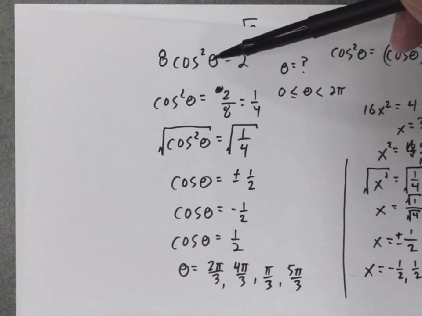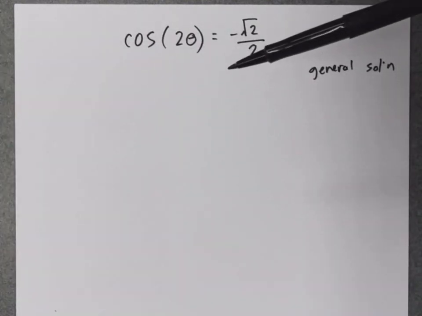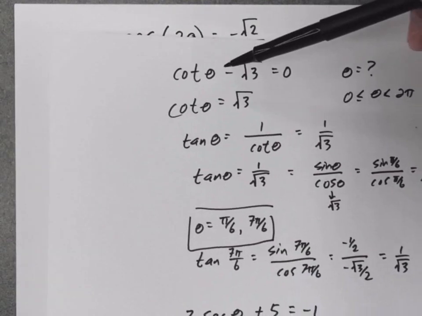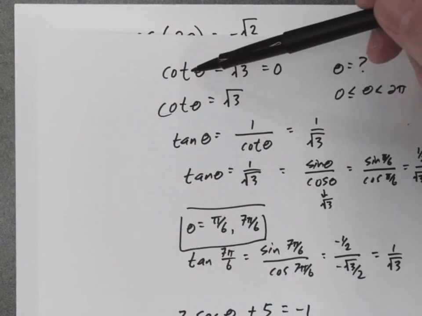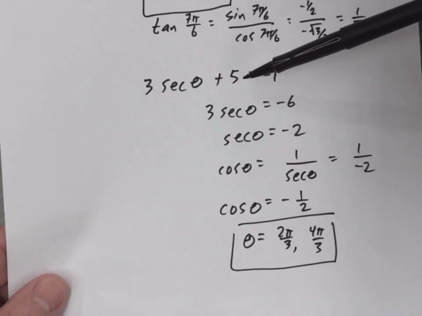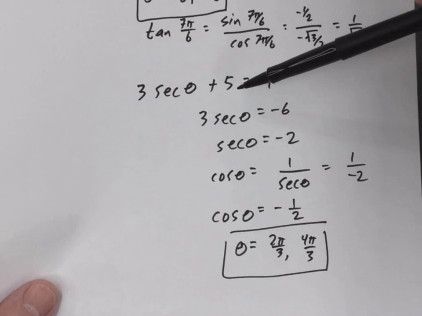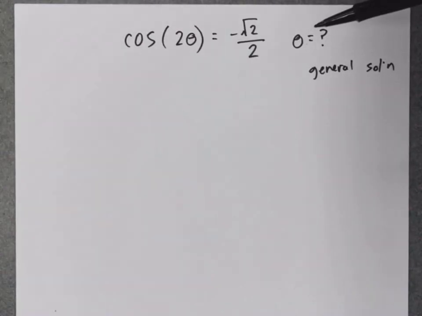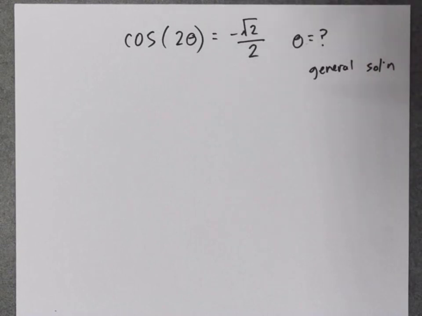Cosine squared of theta, but inside the trig function is theta. Here was a problem we did: cotangent of theta minus square root of 3 equals 0, but look at the trig function, it's theta inside. Here's another one we did. So up until now, every trig function we solved had a theta inside.